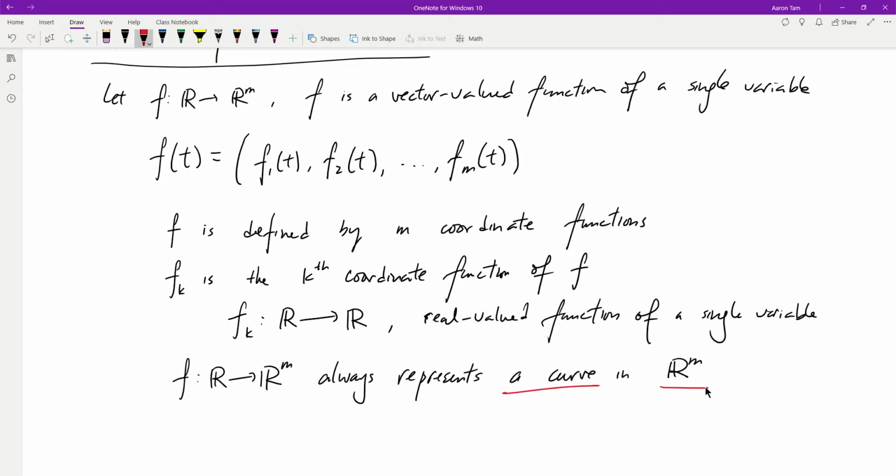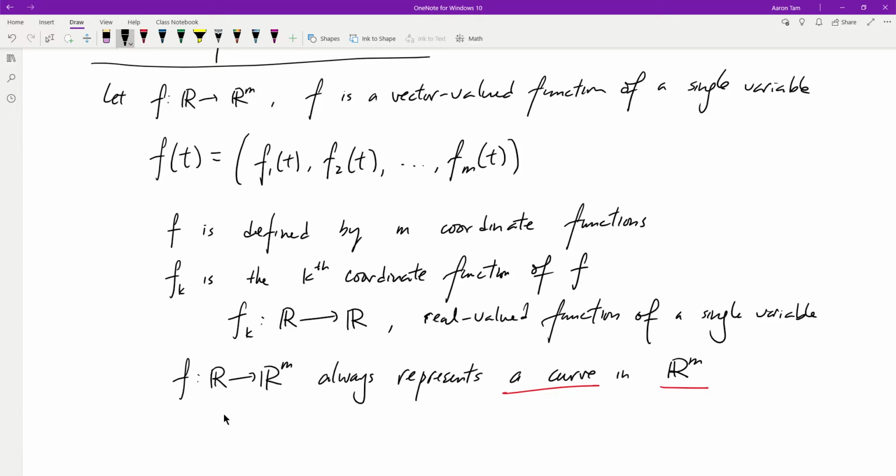As a matter of fact, you shouldn't be surprised. The reason it represents a curve is that we have only one single independent variable, which indicates we are defining something that has only one dimension. The interesting thing to note is that t is our input.